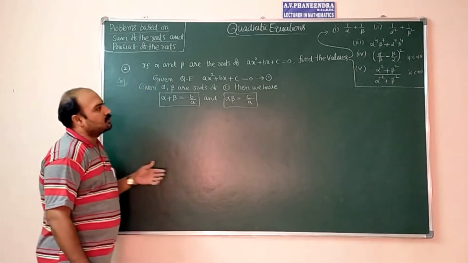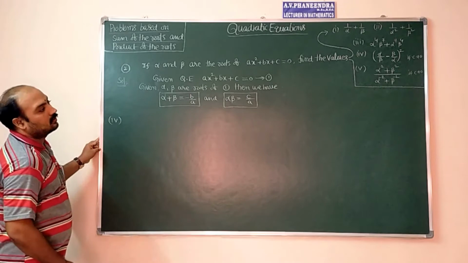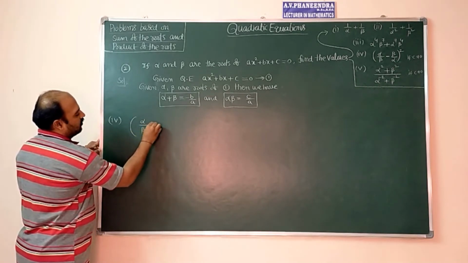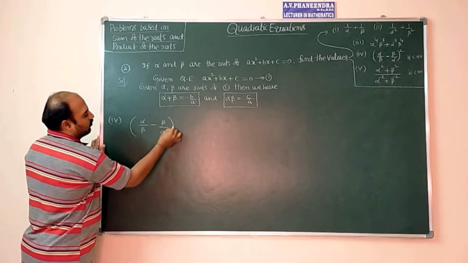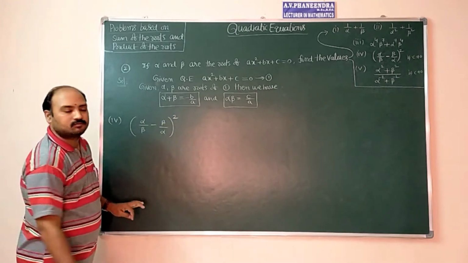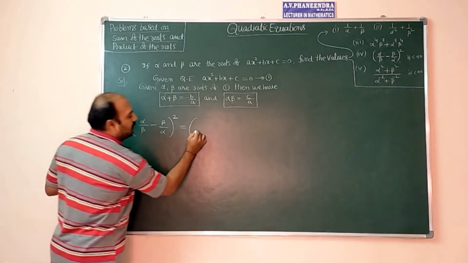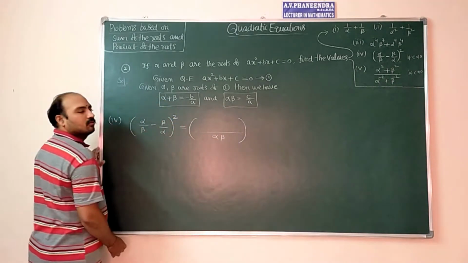The next question, Roman letter 4. Alpha by beta minus beta by alpha, whole square, which is equal to, first we have to simplify, take LCM alpha beta, whole square.